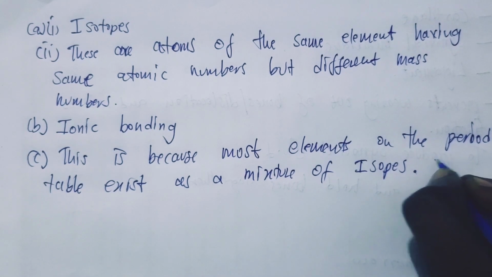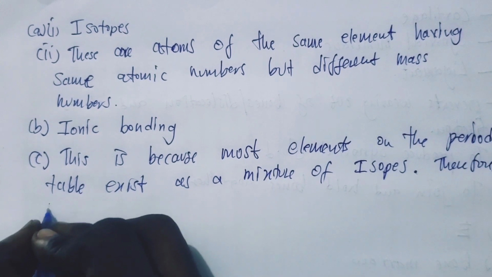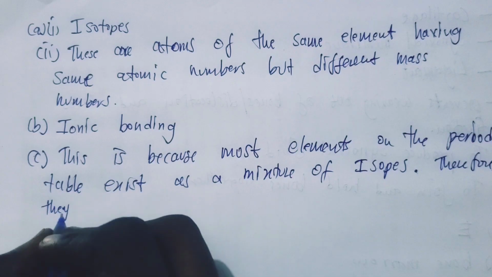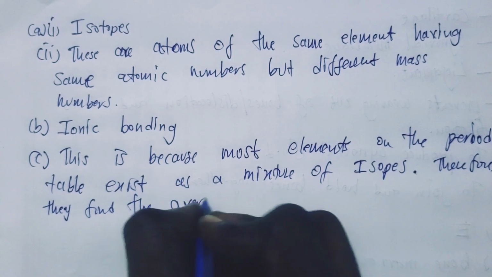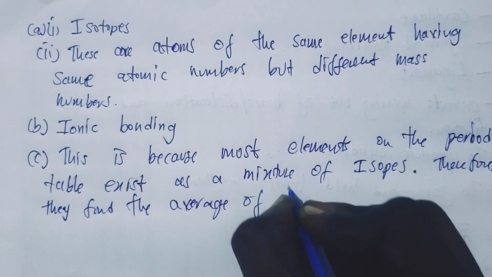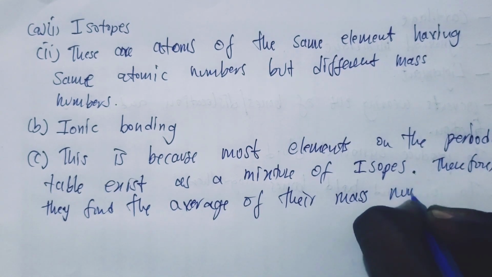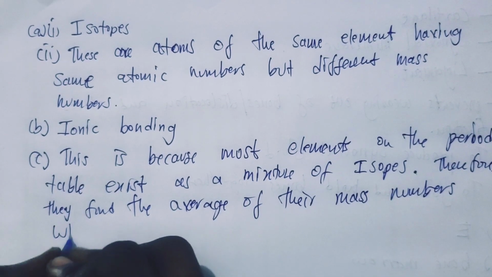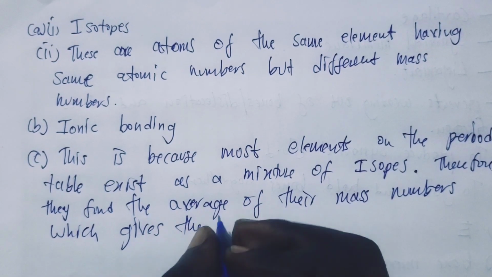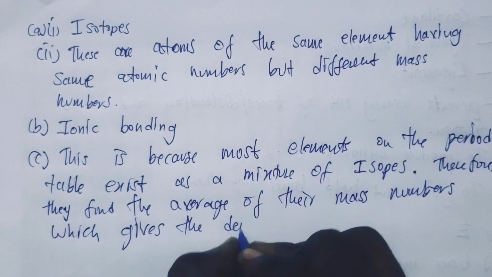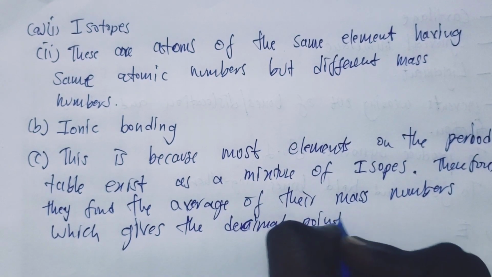So therefore, they find the average of their mass numbers, which gives the decimal points.